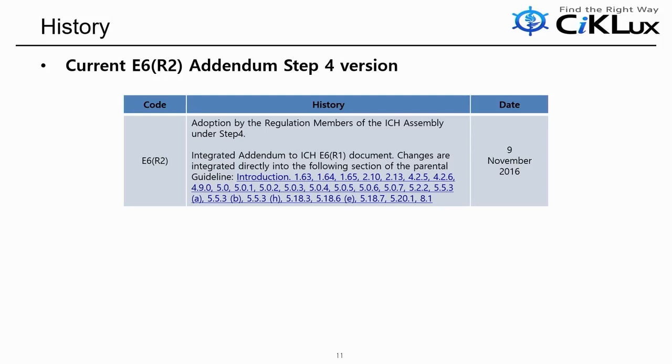So the Korean MFDS became a member of the ICH, and that's why the Korean GCP guideline has been changed. However, the KGCP had a lot of revisions related to the investigator, whereas the ICH guideline revision was more about sponsors.